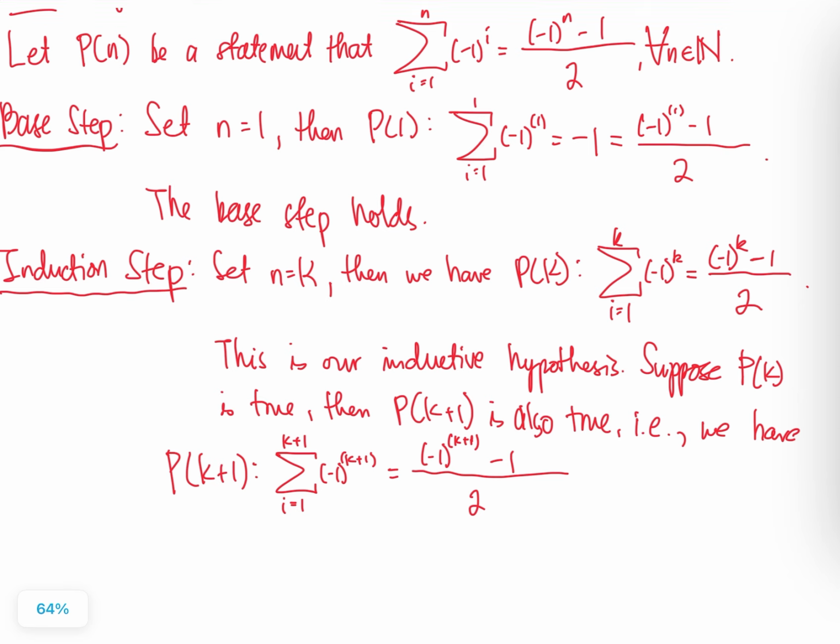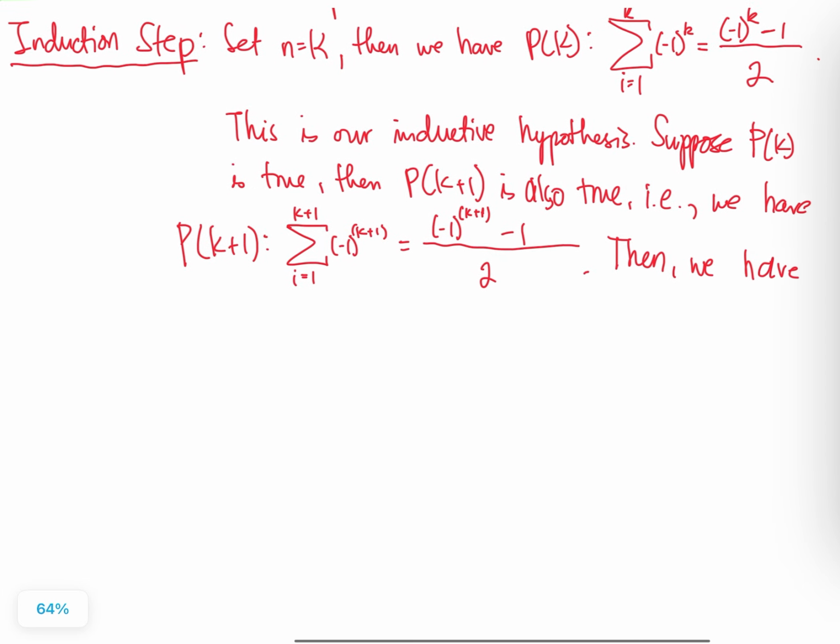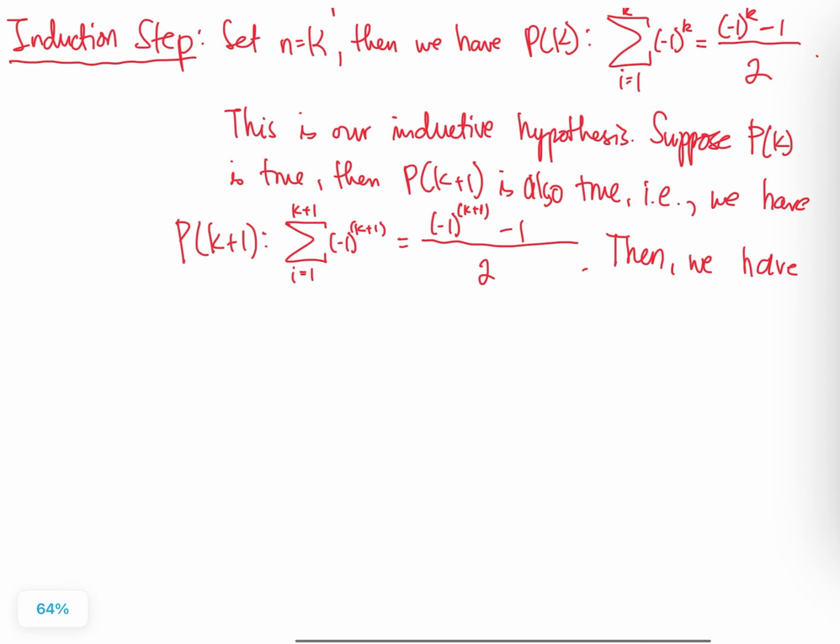Then we have, okay, cool. We will try to answer the induction step here. So recall that p of k plus 1 can be rewritten as p of k plus a certain -1 raised to k plus 1.